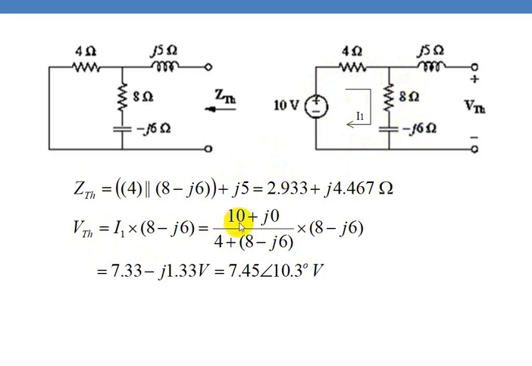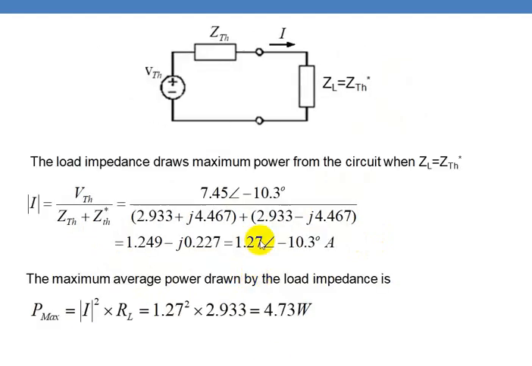So I1 is (10 plus j0) divided by (4 plus 8 minus j6), multiplied by (8 minus j6). So this comes to be around 7.33 minus j1.33, which is equal to 7.45 at an angle of 40.3 volts. So this is how you should find VTH and ZTH to find the maximum power.